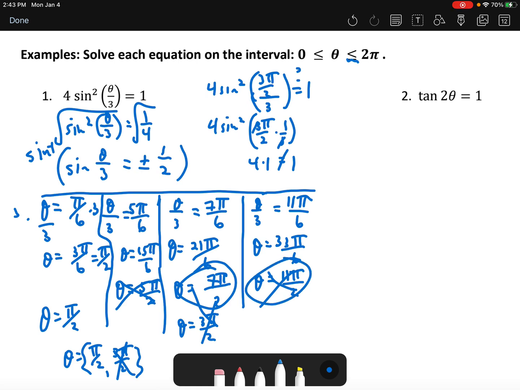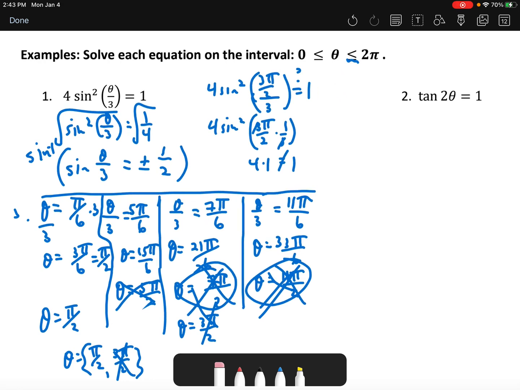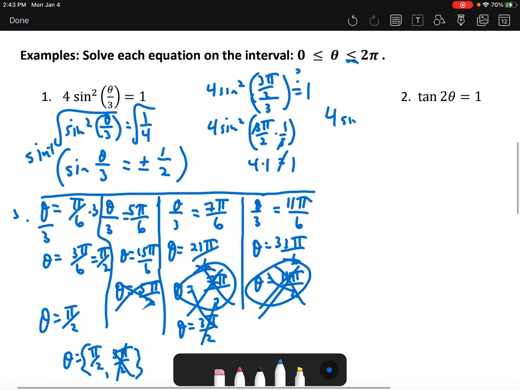So these are the only two answers we got to concern ourselves with, and they're outside the domain. So let's see if pi over 2 works. So 4 sine squared, oh, I know it will work. 4 sine squared, pi over 2 over 3. So that's pi over 6. Sine of pi over 6 is 1/2. 1/2 squared is 1/4. 4 times a fourth is 1.